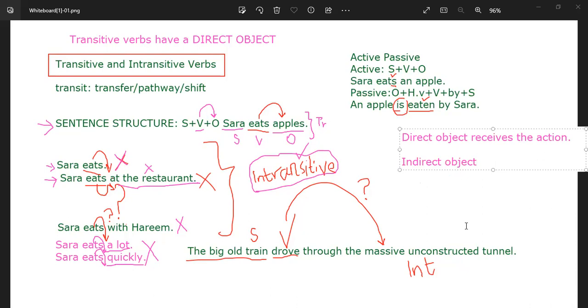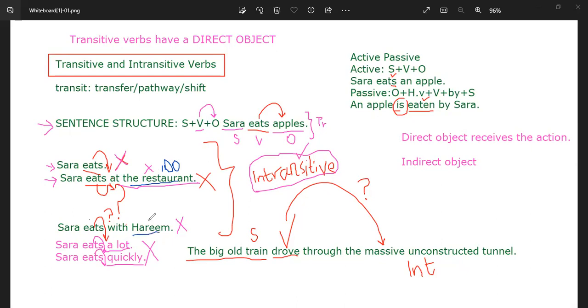Now, in our examples 2 and 3, come back to those examples, and I'm going to explain this particular point. Okay, ji. So over here, restaurant is an indirect object. It is not something that is actually receiving the action.